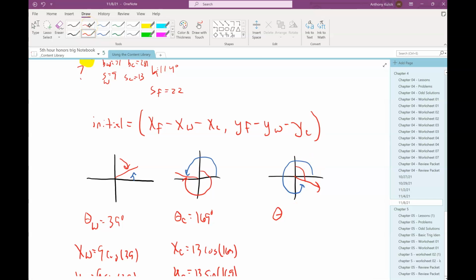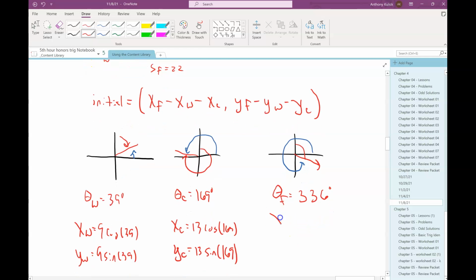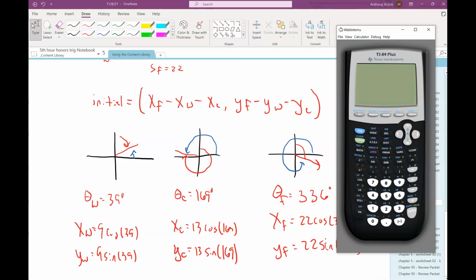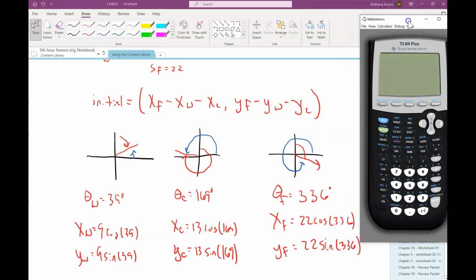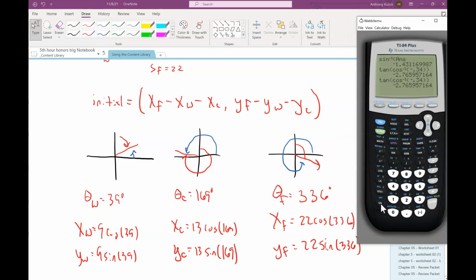So that one is, let's see, 450 minus 114, so 336. All right, let's see.